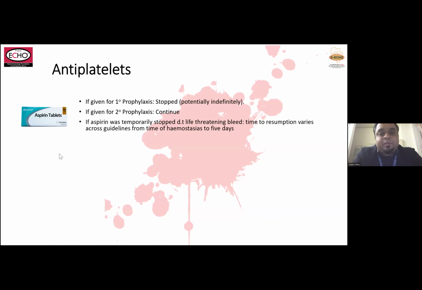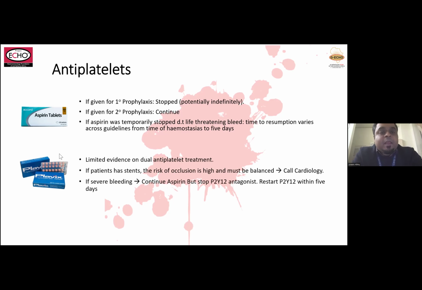If aspirin was temporarily stopped due to a life-threatening bleed, the time to resumption varies across guidelines. Some say you can resume after endoscopic hemostasis is achieved. Others say up to 5 days. And regarding Plavix or clopidogrel, there is limited evidence on dual antiplatelets.